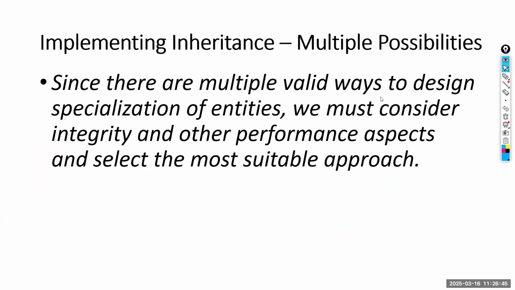So since there are multiple valid ways to design a specialization of entities, we must consider integrity and other performance aspects and select the most suitable approach. So maybe you have more than one way to do it. So it's your task as a designer to decide what is your best approach.